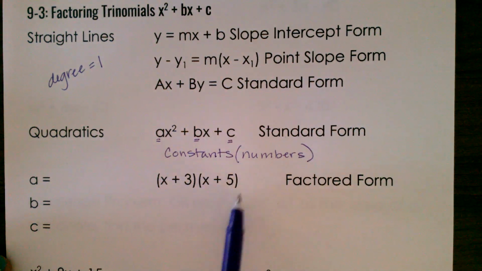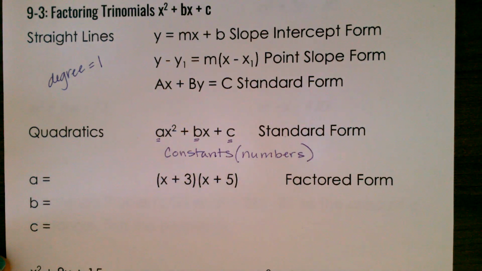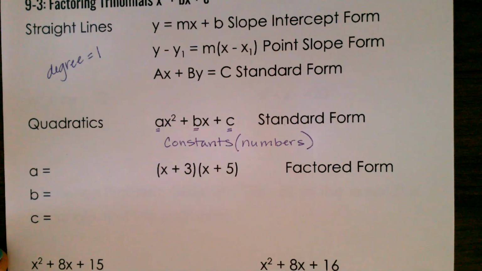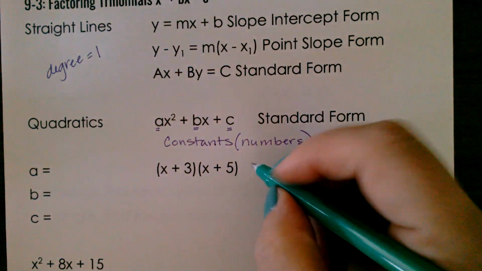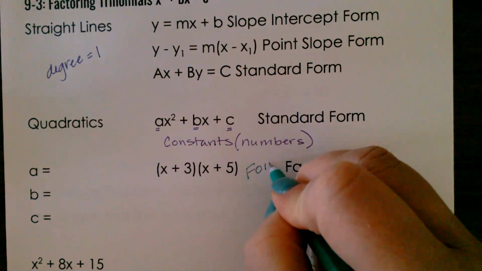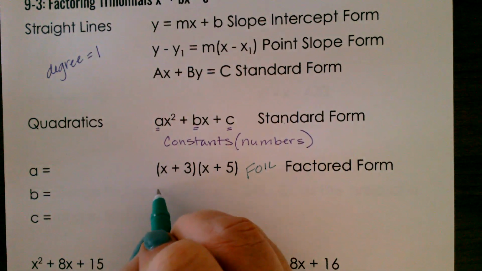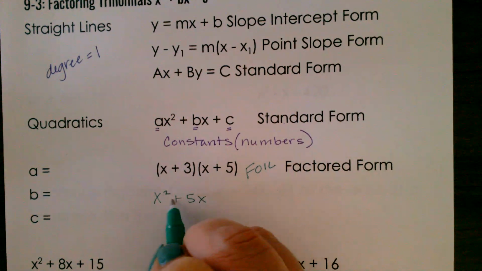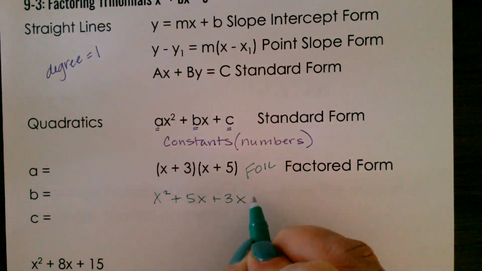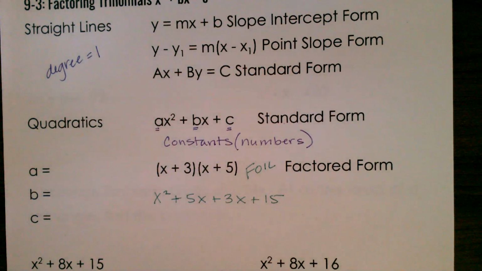When I give you this, remember this is called factored form. Let's put this in expanded form. To do that, we will FOIL. So I would get x squared plus 5x plus 3x plus 15.